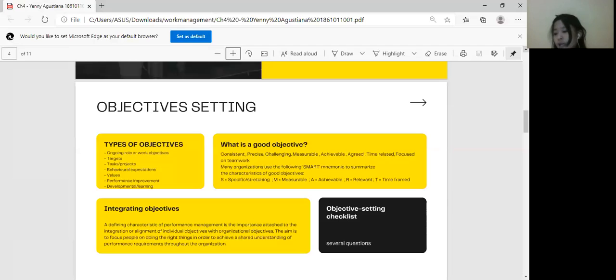Many organizations use the acronym SMART to summarize the characteristics of a good objective. The first one is specific. You need to be specific: clear and unambiguous, so all the people can understand it, and it should also be challenging.